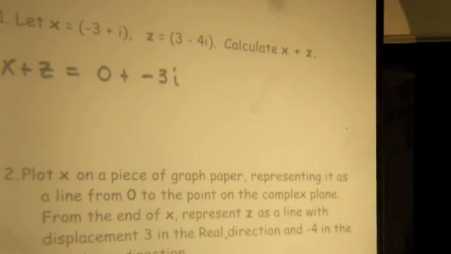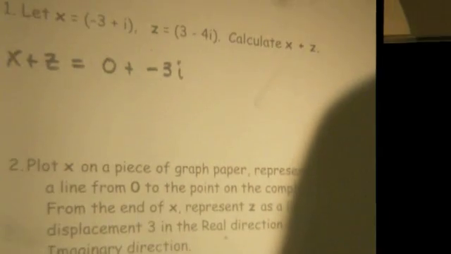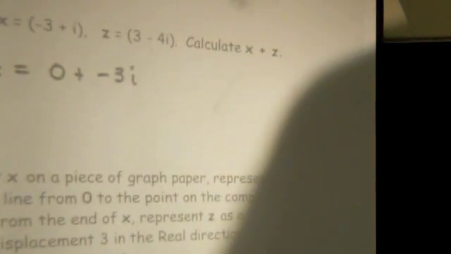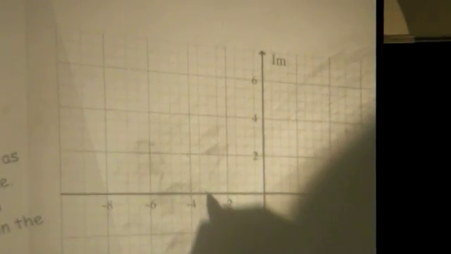Does that make sense? Okay. People are not even trying because it's so basic. That's good. Let's look at how these things look on a piece of graph paper. So I'm going to take negative 3 plus i and 3 minus 4i. So negative 3 plus i is going to look like this.